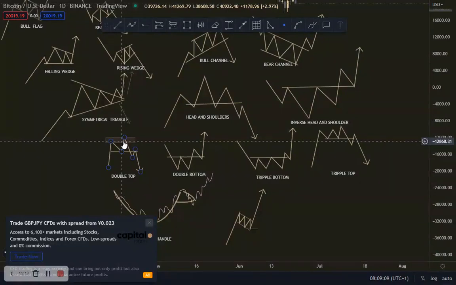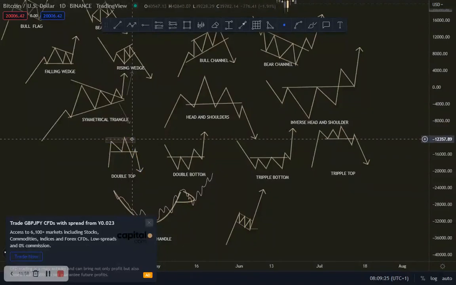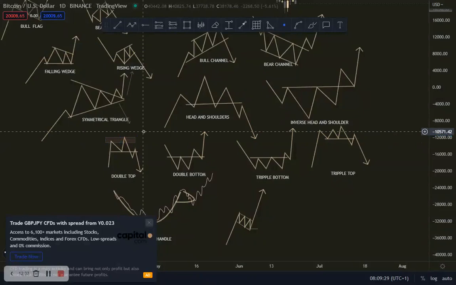It is a common pattern that is traded market wide across multiple different strategies within the forex market. However, the way that we approach the double top is very different, understanding price behavior on a much deeper level. So we don't approach these double tops and double bottoms the way other traders do.